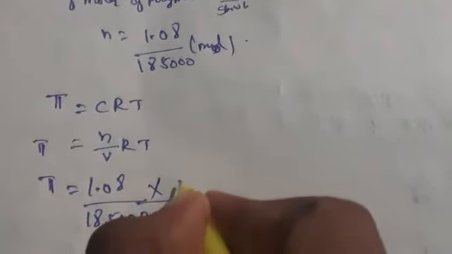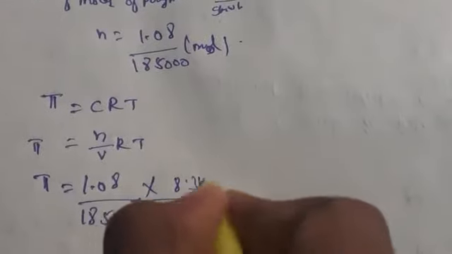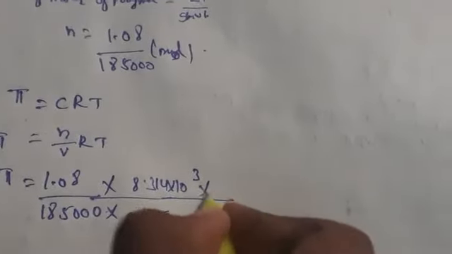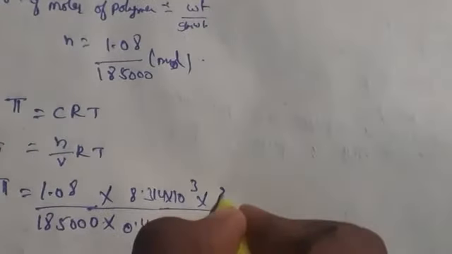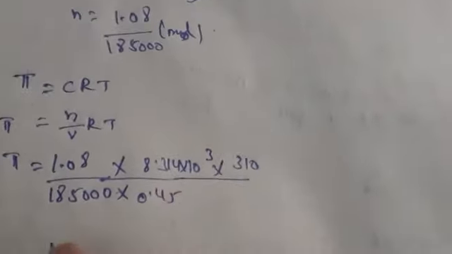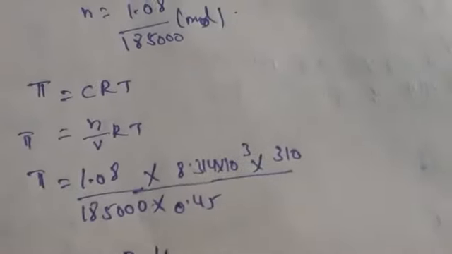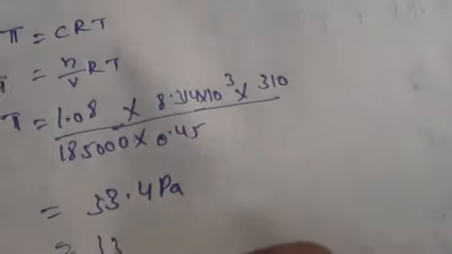What is R? The gas constant value 8.314 into 10 to the power 3. Temperature 310 K. By calculating all these, we are going to get the value 33.4 Pa, pascals. So approximately we can write 33 pascals. So this is about the pi value.